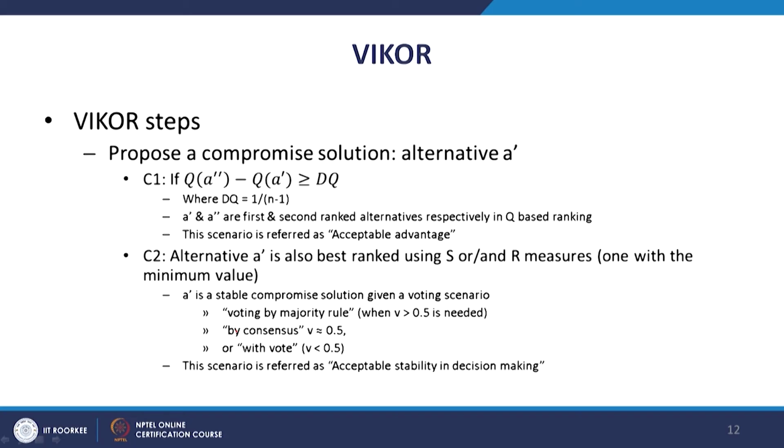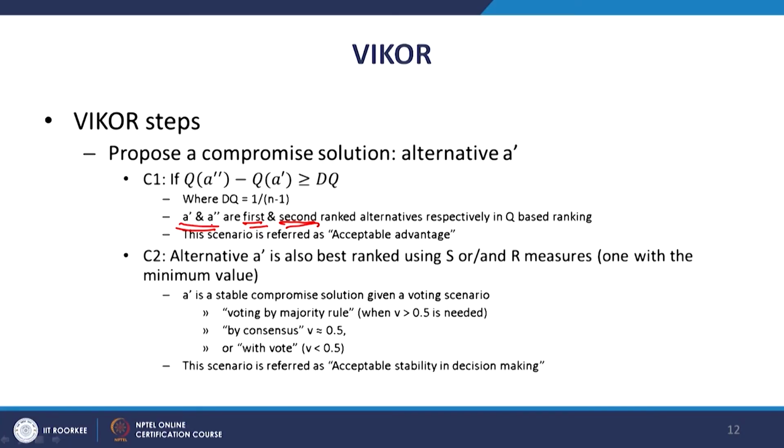To propose a compromise solution alternative A dash, the first condition C1 is: if Q of A double dash, where A double dash is the second ranked alternative and A dash is the first ranked alternative, based on the minimum Q value.